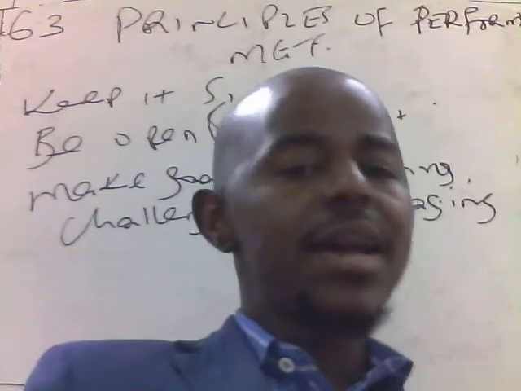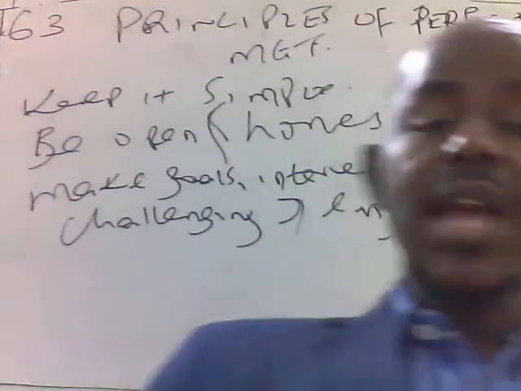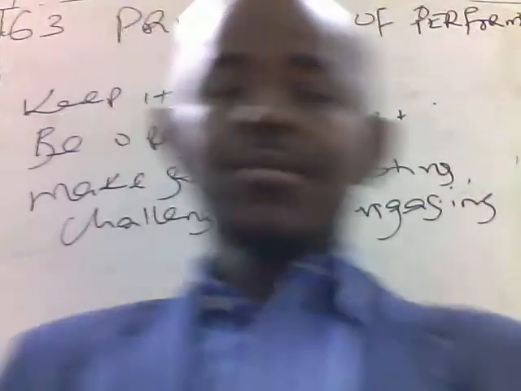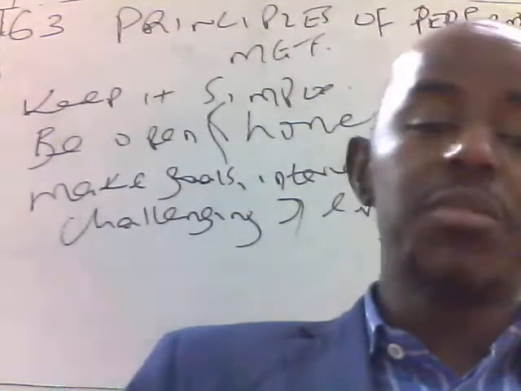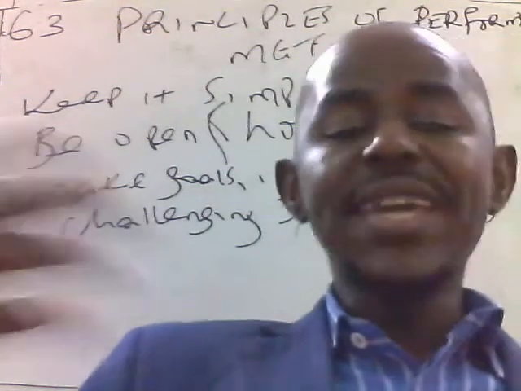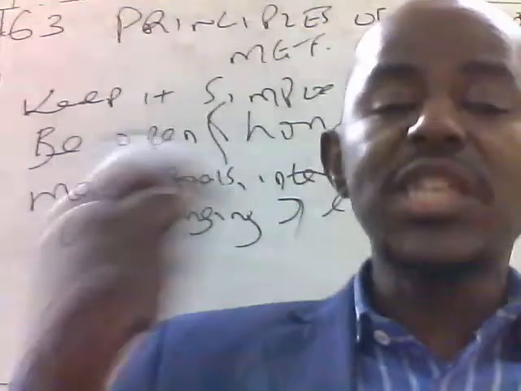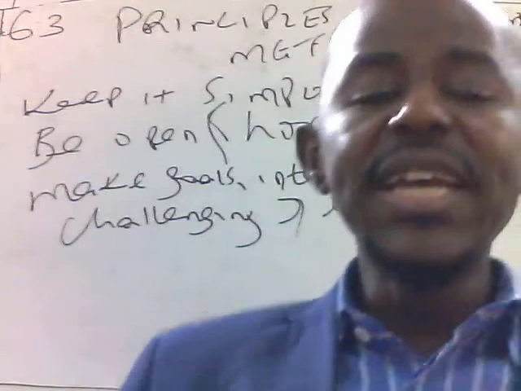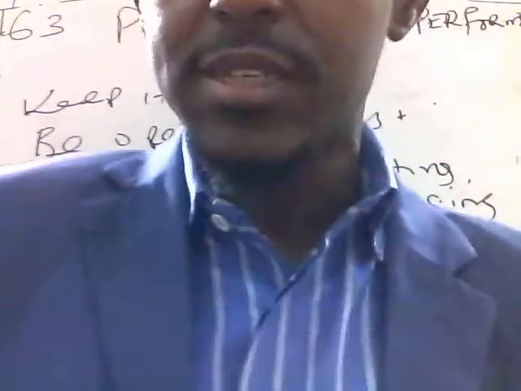My friend, last year you were able to sell 18 tons. Definitely this year you will sell 20 tons. Last year you were able to do this. Now this year you will be able to do this because of this and this. You are making it interesting. The person who is supposed to achieve that is feeling interested to go an extra mile and achieve that target.